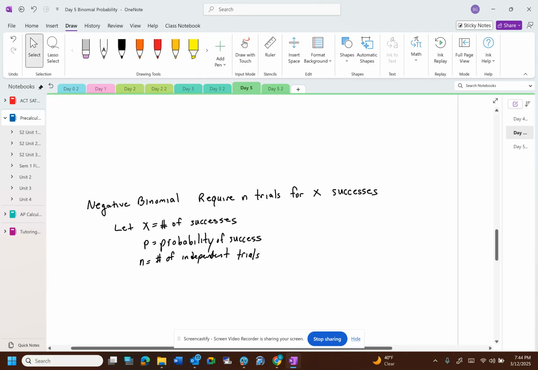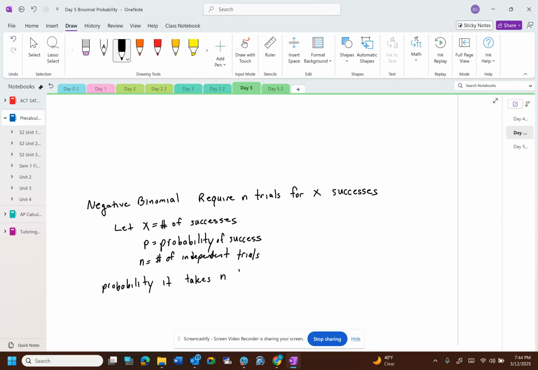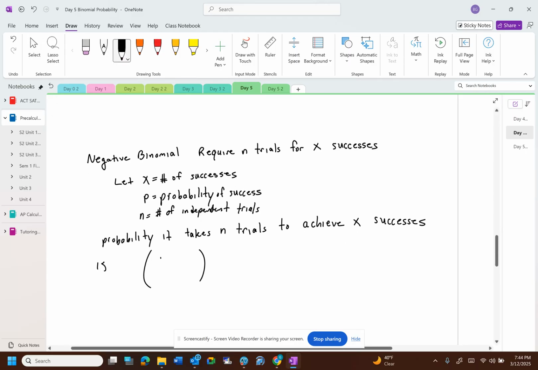So then the probability it takes n trials to achieve x successes is, the only thing that changes is you have one less trial, n minus 1, because the last one has to be a success, and one less success, because, again, the last one is fixed and has to be a success.